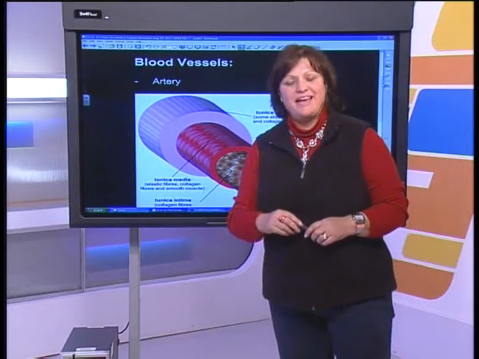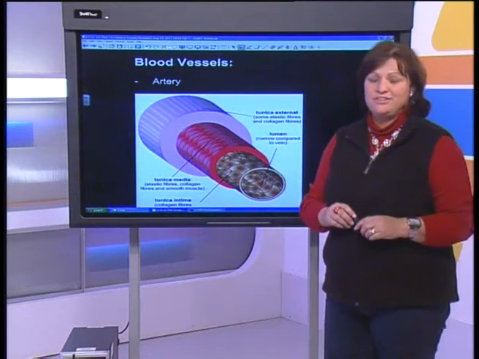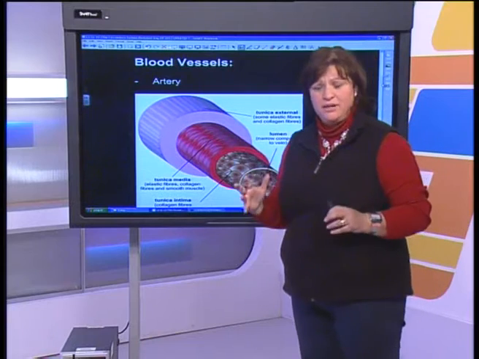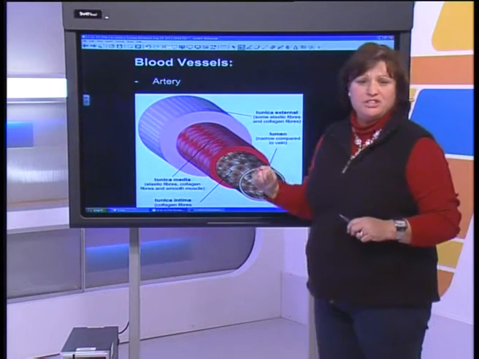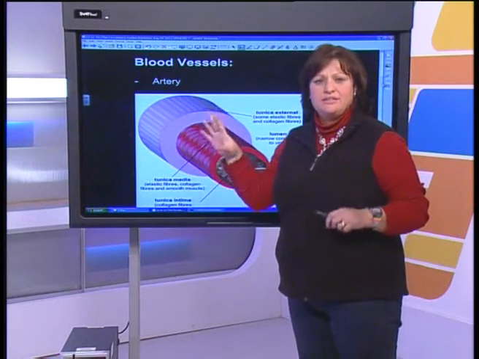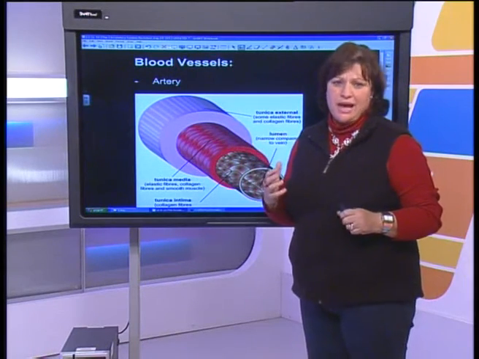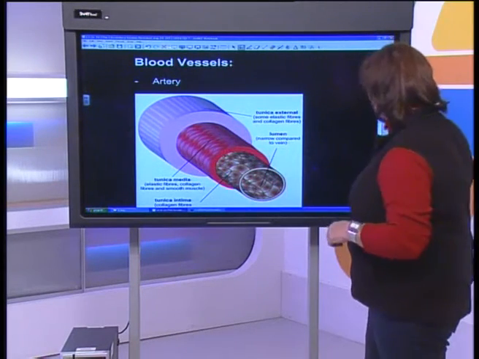All right, welcome back. We were busy discussing the blood vessels, and as I said, we're talking about arteries, veins, and capillaries. What I'm just going to quickly show you is the visuals, so have a picture in your mind. When we look at arteries, what do we see?